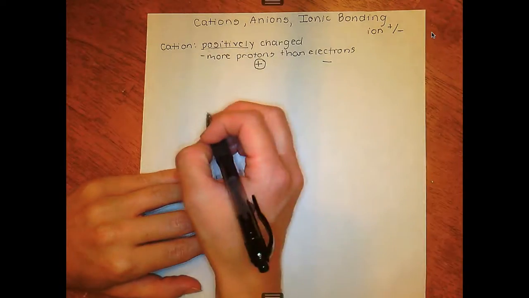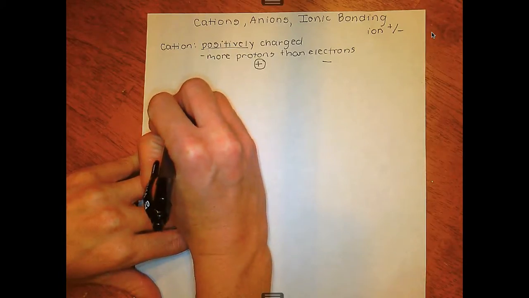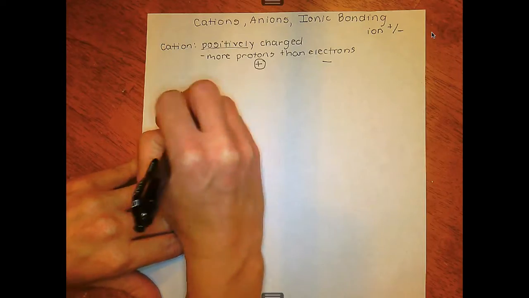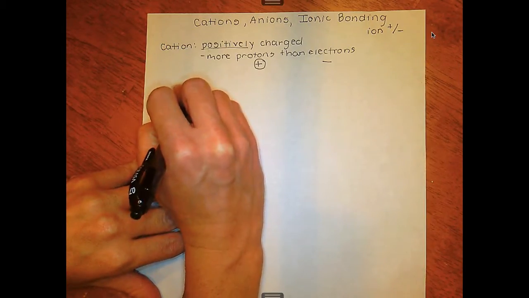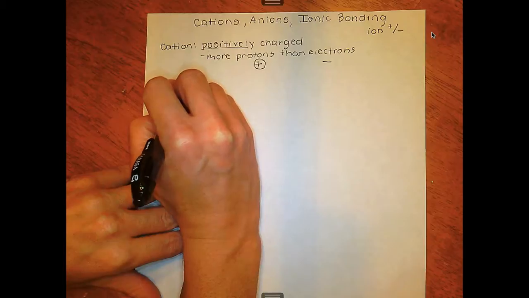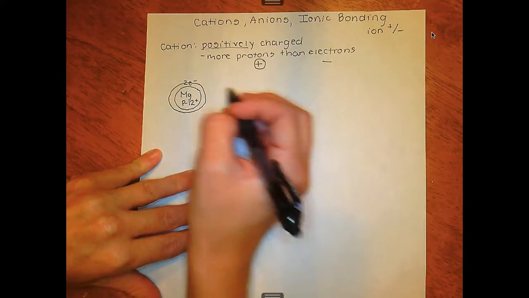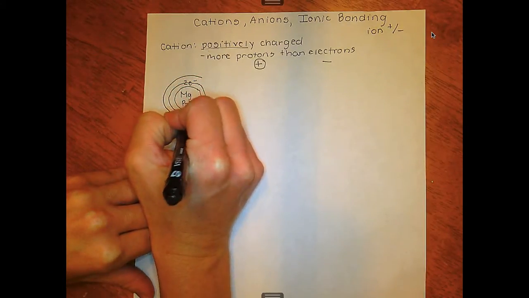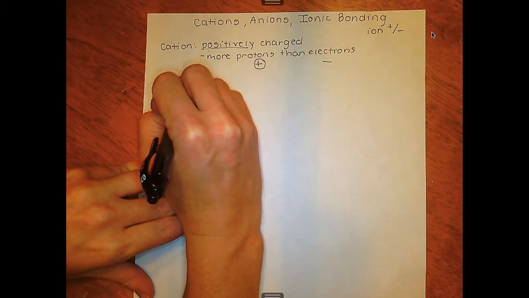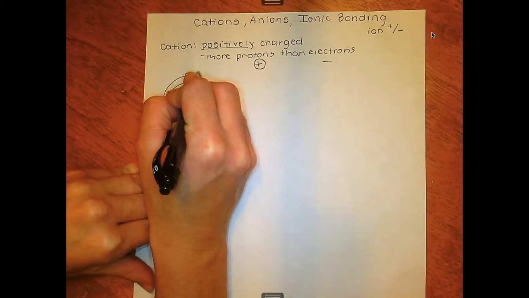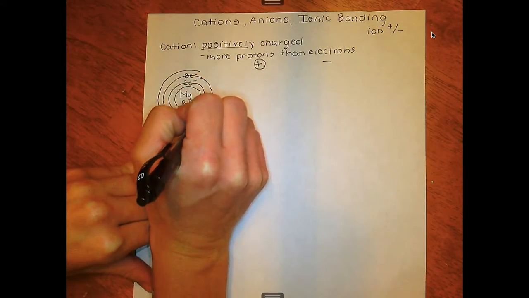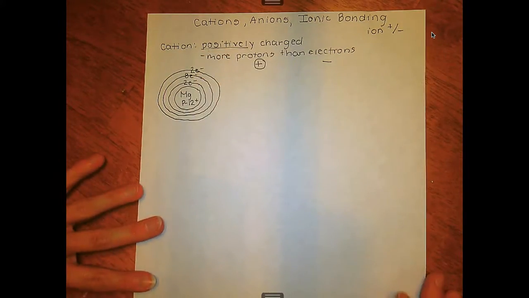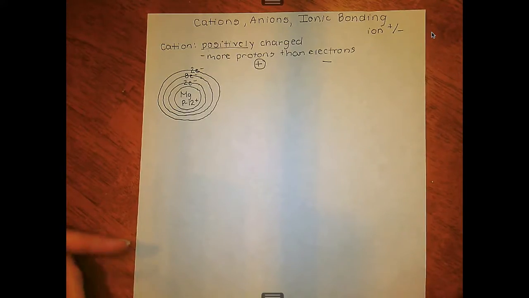If we take a look at an atom like magnesium, magnesium has 12 positive protons in its nucleus, and then in the first energy level it has 2 electrons, in the next energy level it has 8 electrons, and in the very last energy level it has 2 electrons, again for a total of 12, which is what a neutral atom of magnesium has.